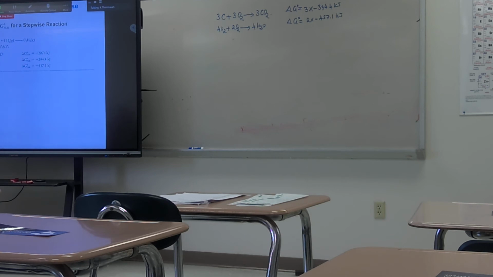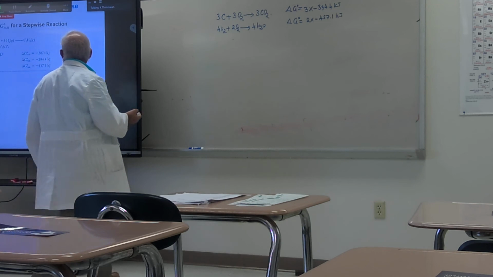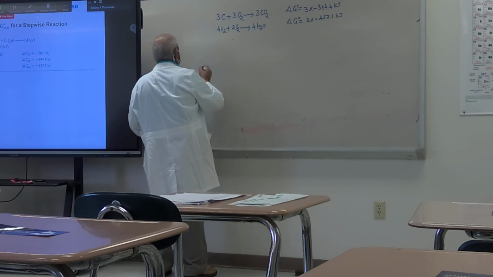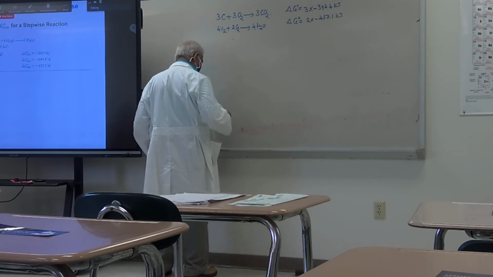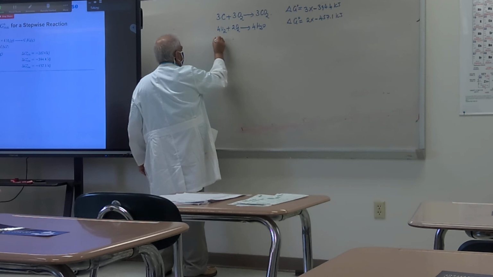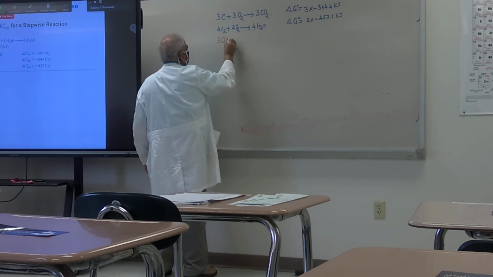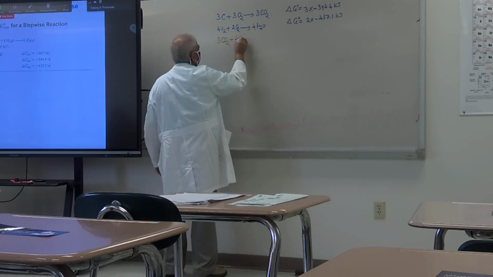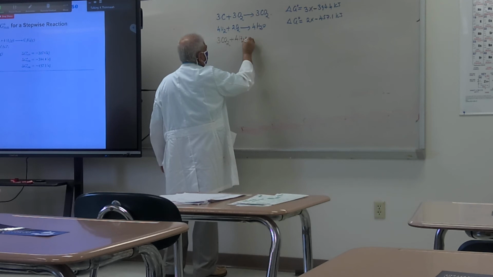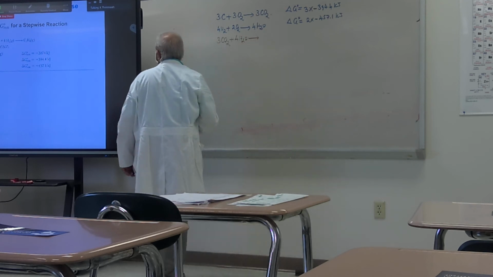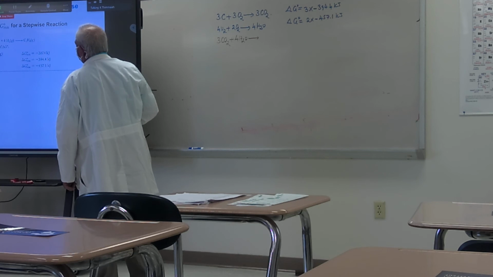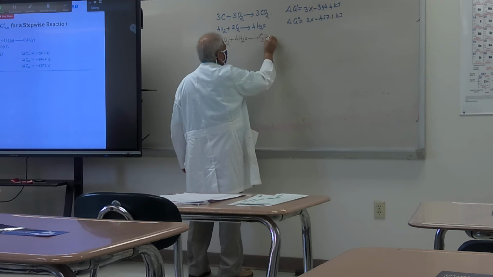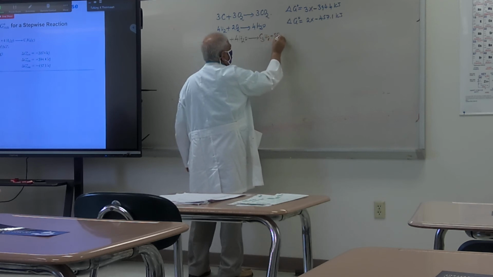So reverse, that means, what is it that you are going to write? 3CO2 plus 4H2O gives C3H8 plus 5O2.